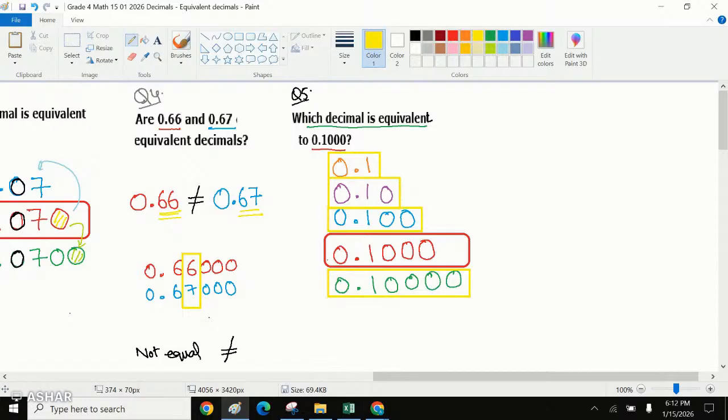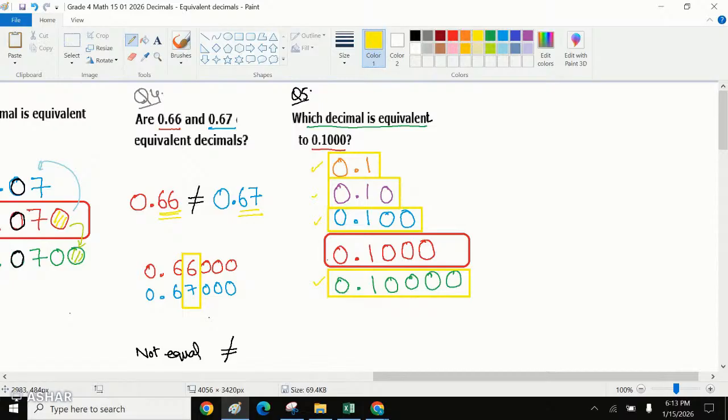Yes, thank you. What you are doing is you're bringing a zero before the decimal. There is no zero after the decimal, right? So out of all these options, first, second, third, and fourth, they all will be equivalent, right?